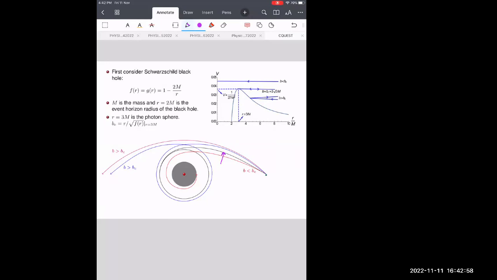Therefore if we look from this side, we will receive all those photons which have impact parameter greater than BC, and those photons will create a bright spot in the observer sky. All those photons which have impact parameter less than the critical value will just get absorbed, so the observer does not receive those photons, and corresponding to those impact parameters we have a dark point in the observer sky.